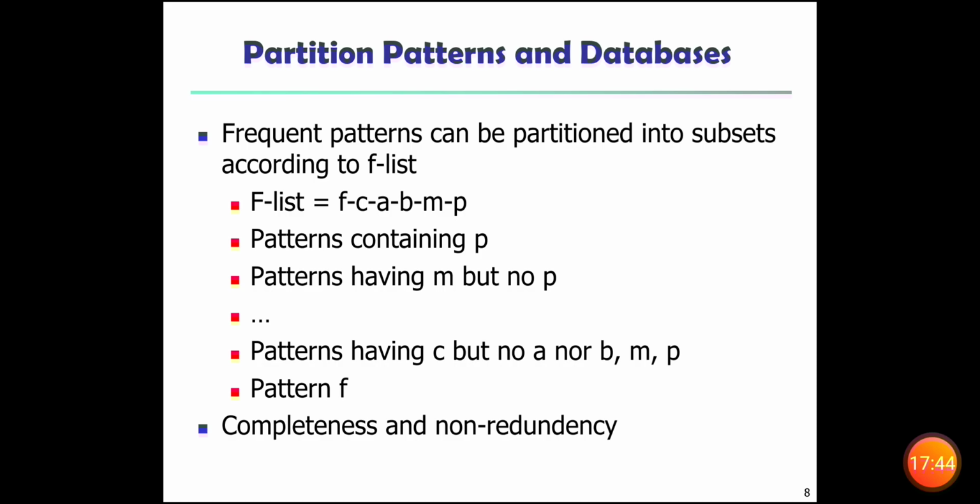In the same way, next patterns containing M but no P, considering other nodes. Next, patterns containing B but no M or P, and then the remaining ones will be considered. Like that, one by one will be considered. A new table will be created.